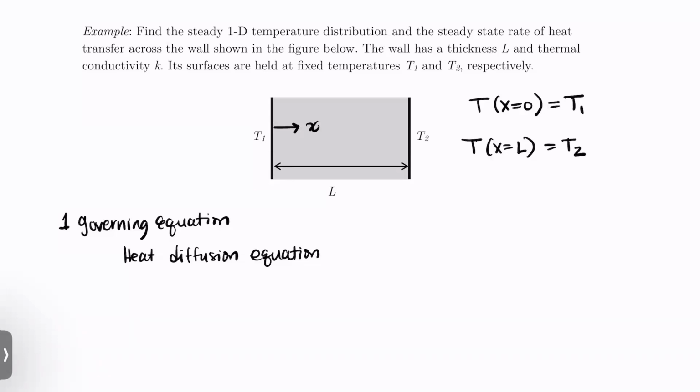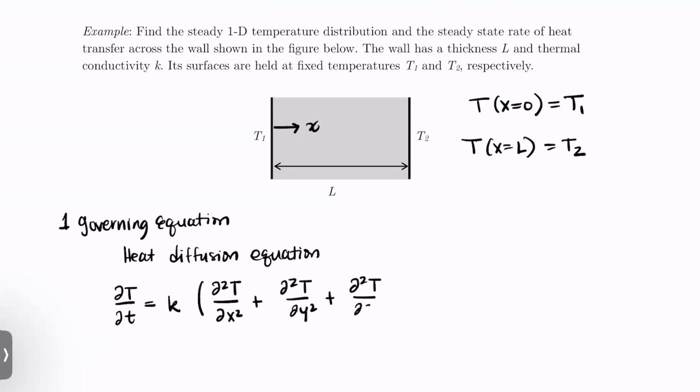We have no fluid flow going on in here, no discussion of emissivity, so we know we're talking about conduction, okay? And so that equation looks like the following. We have partial T is equal to k times the second derivative of T with respect to x plus the second derivative of T with respect to y plus the second derivative of T with respect to z.